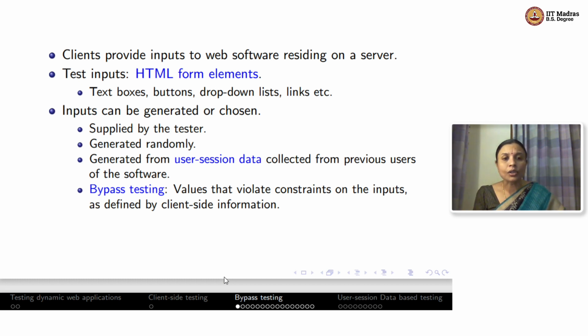In the last lecture, we saw one testing technique called bypass testing, where the goal was to generate test case values that violate the client-side validation constraints and send violated data to the server. Once the violated data is sent to the server, it is used to check how robust the server response is for that violated data.